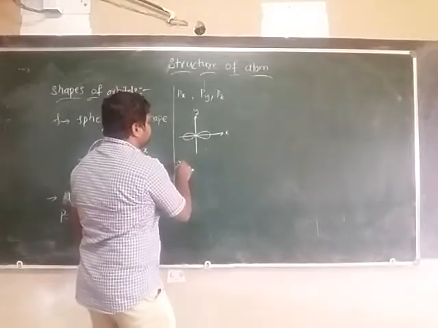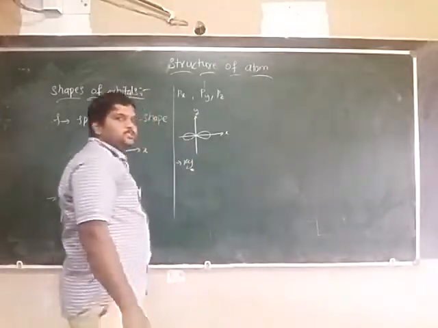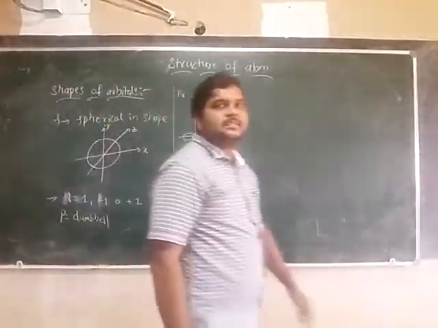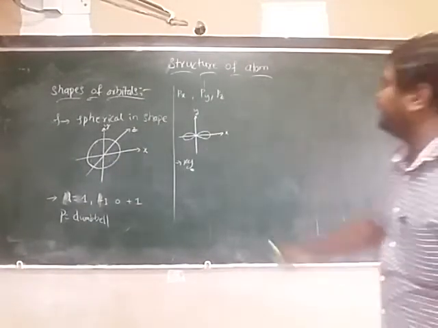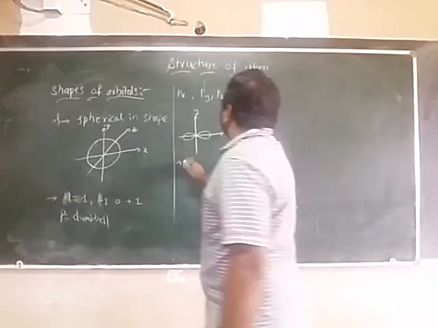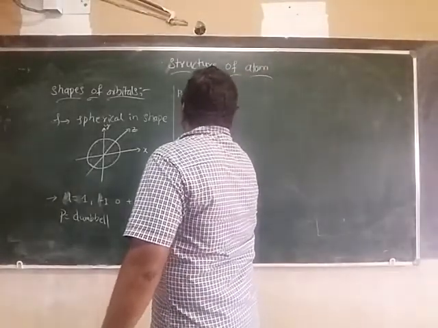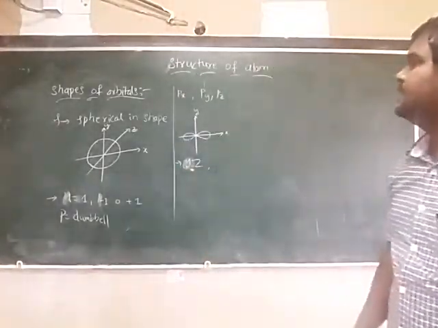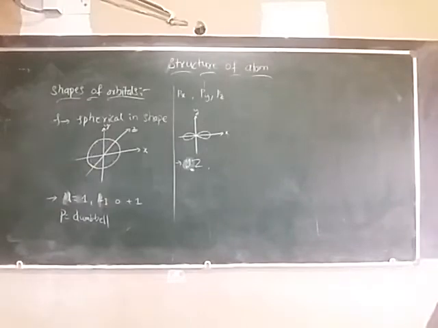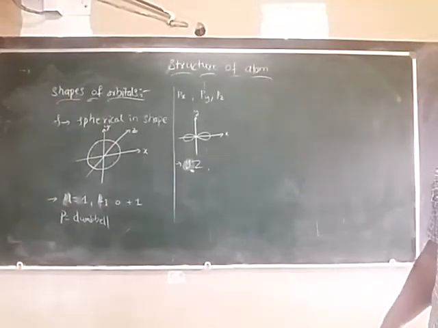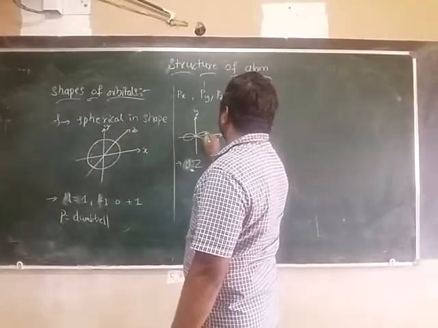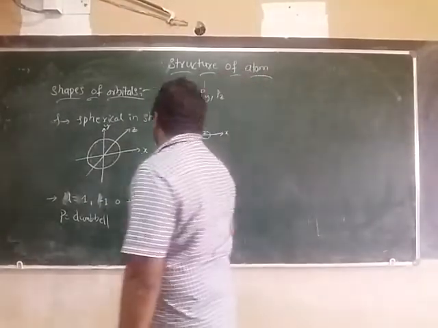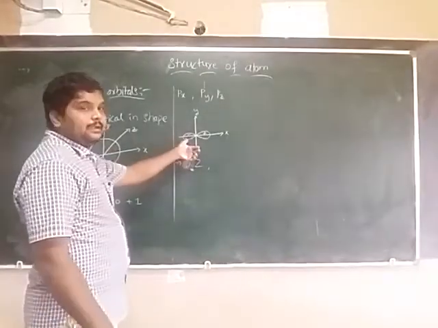What is the nodal plane? Not xy, this is the yz. The nodal plane for the px orbital is yz. Is it clear? So this is a plus, this is a minus. We will explain this later.